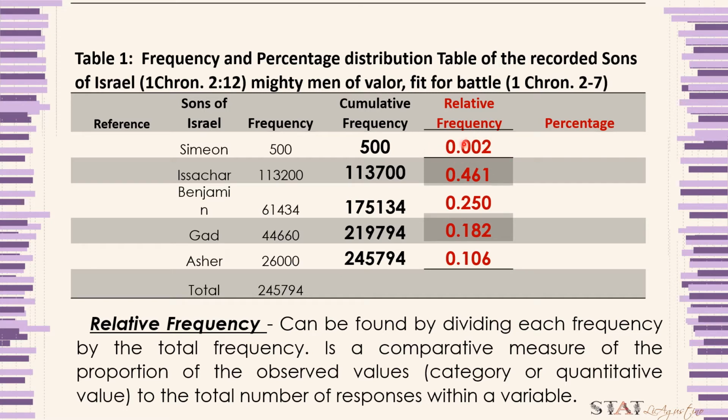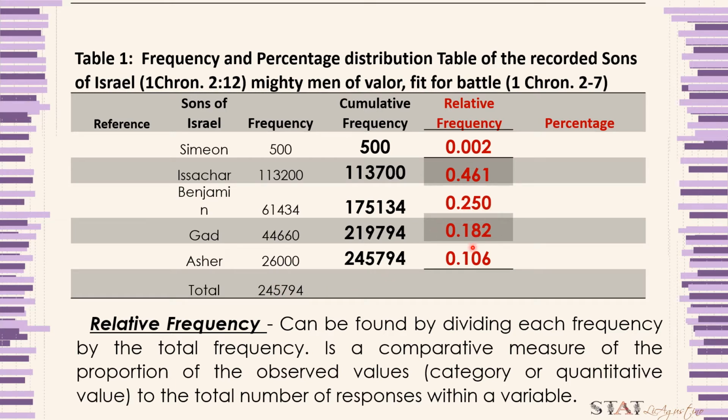0.002. And now, we also have 113,200 divided by 245,794. We have the relative frequency of 0.461. And now for Benjamin, the frequency of Benjamin divided by the total number is equal to 0.250.